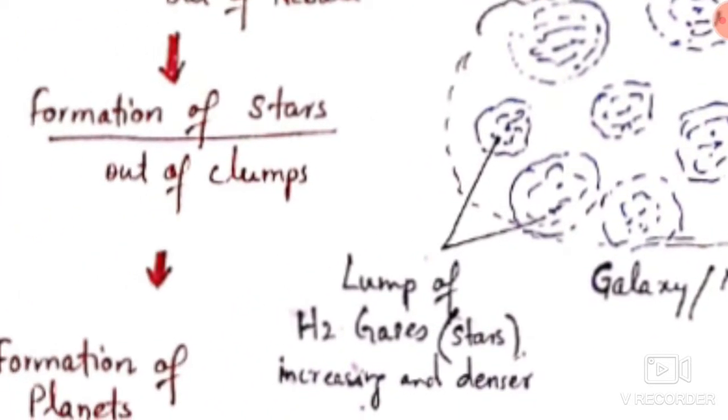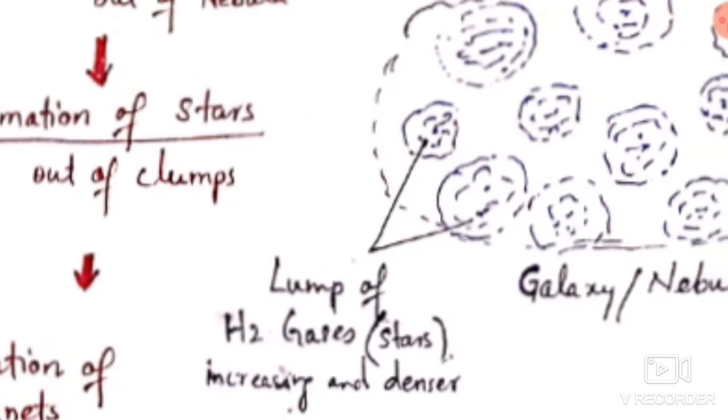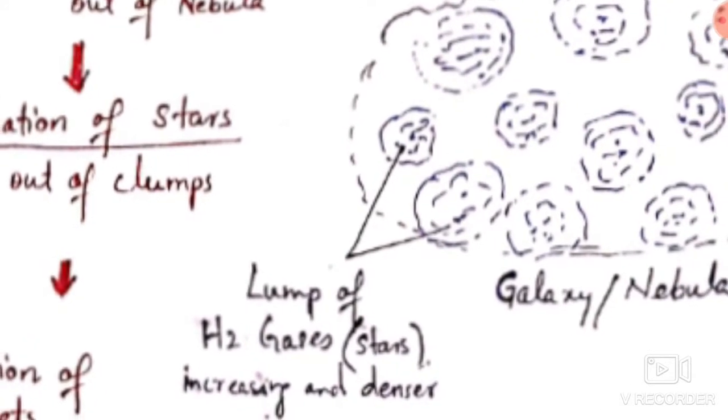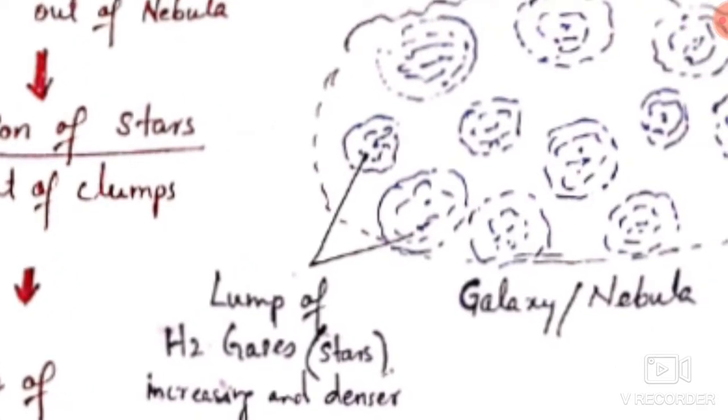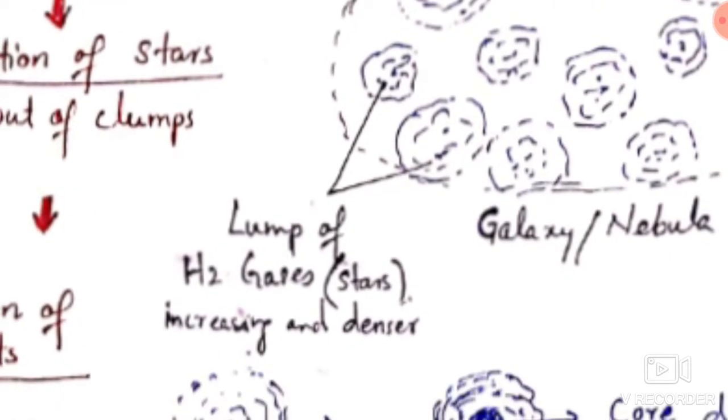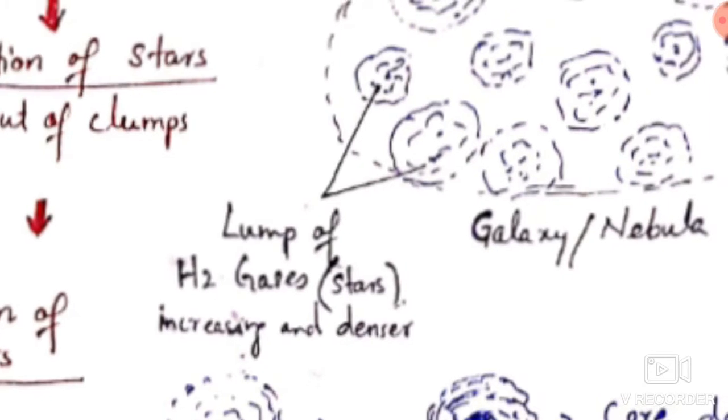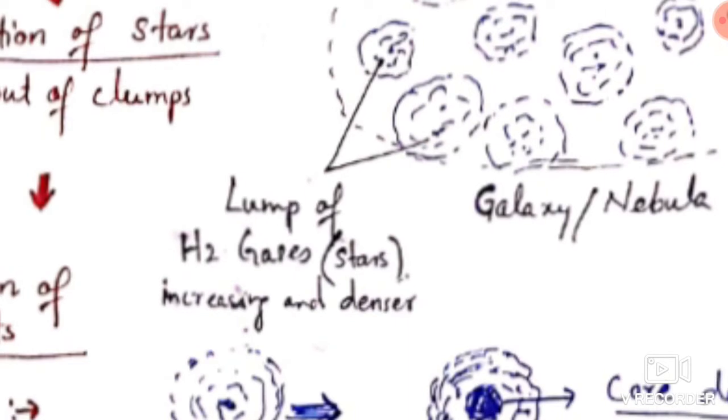Now come to the formation of star, and the stars are formed by numerous clumps. You can see in this picture the numerous clumps or lumps of hydrogen gases. Each clump is a lump of hydrogen gases, and it forms the basis of the formation of star.